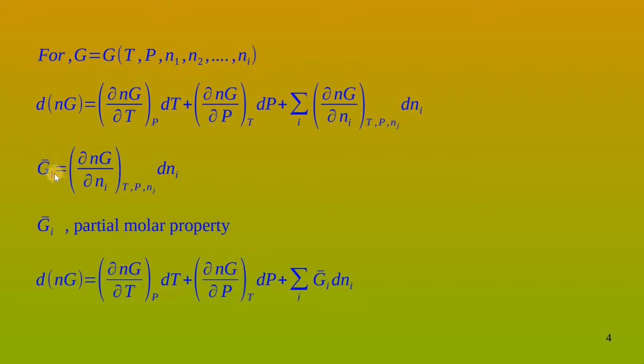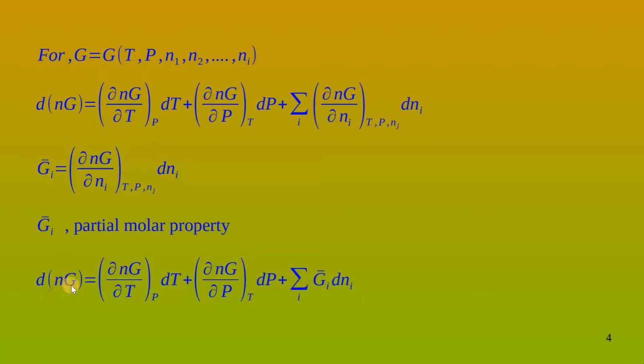Therefore, the partial Gibbs free energy of any species I in the mixture is nothing but change in Gibbs free energy of the mixture to a small addition of that species at constant temperature, pressure, and holding the other species constant, not adding them. G bar I is nothing but a partial molar property, or it's the partial molar Gibbs free energy.